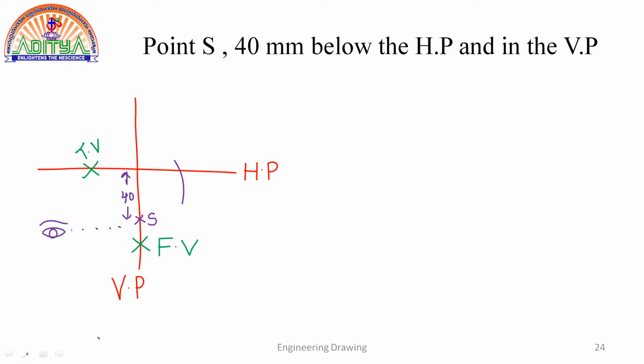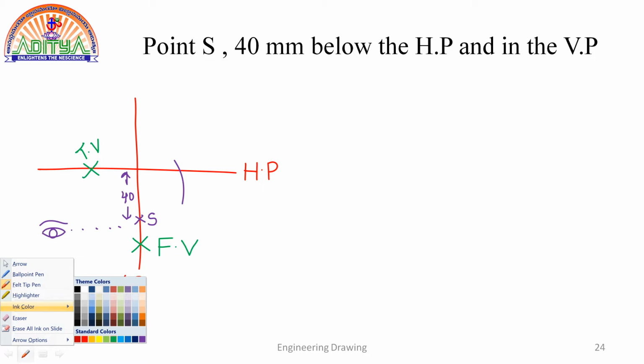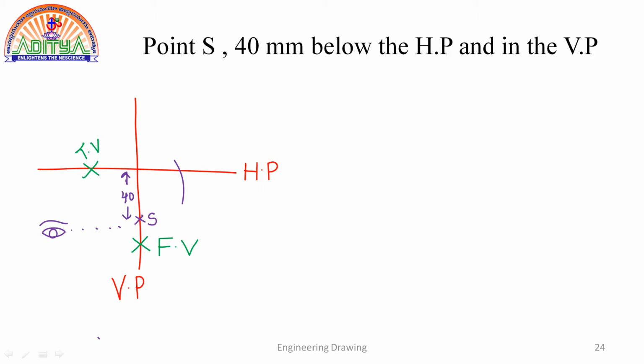Now, we will draw the final solution. So, this is the reference line or baseline XY. If you are viewing from the front side, the front view is projected on the vertical plane, which is below the reference line.